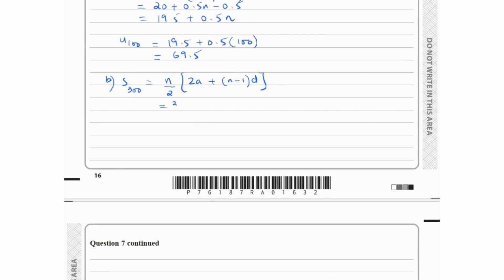That's going to be 300 over 2 times (2 times 20 plus (300 minus 1) times 0.5). Plug it in the calculator and what you should get is 28425 pounds. That is your sum of the first 300 terms.